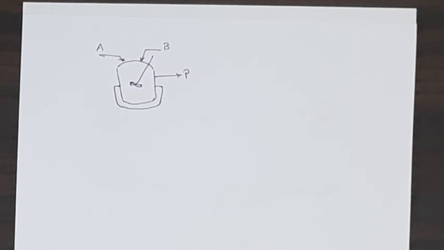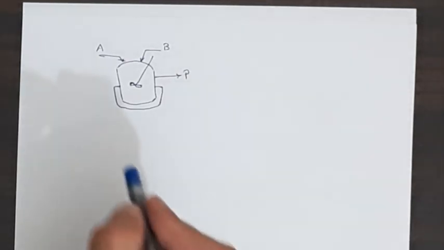However, to control the composition, I want to control the temperature. So by controlling the temperature, I will make sure that the composition is the correct composition. So the control scheme that I am going to draw is a temperature control.